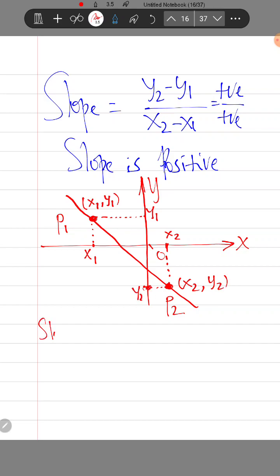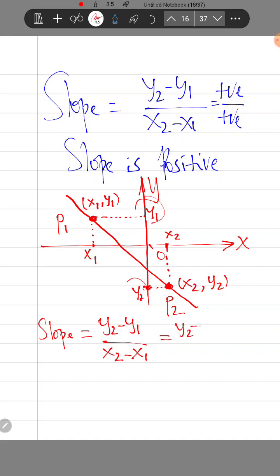So the slope is y2 minus y1 divided by x2 minus x1, which is equal to, you can see here, y2 is a small number, y1 is a greater number because y1 is on the top of y2.